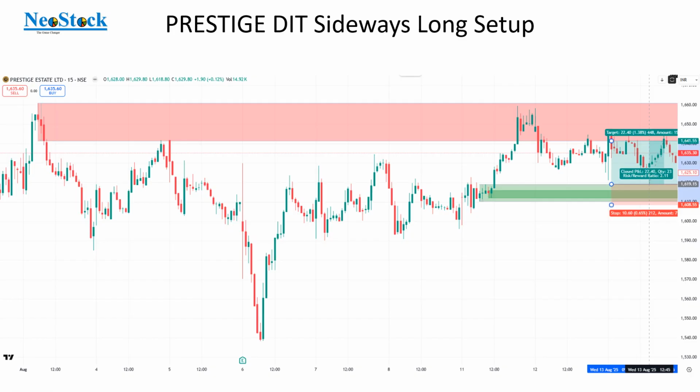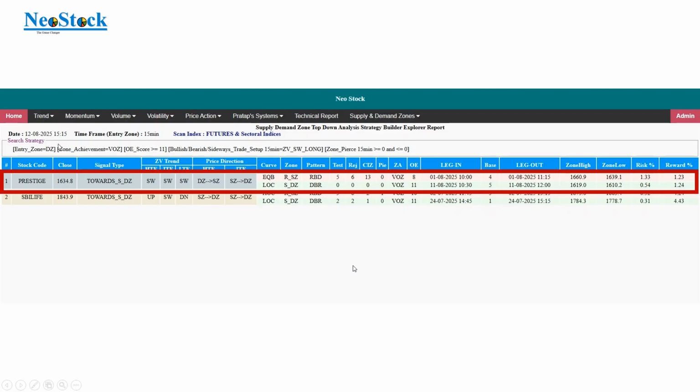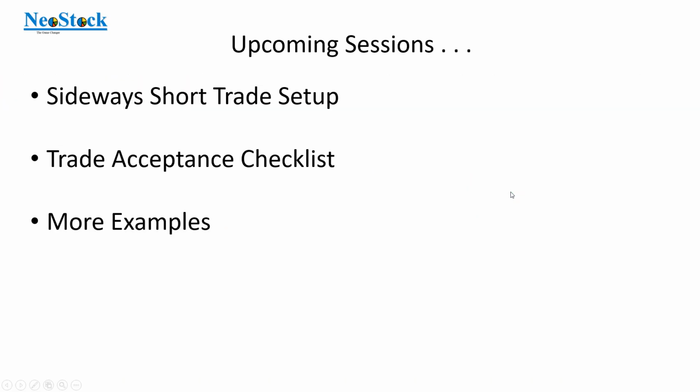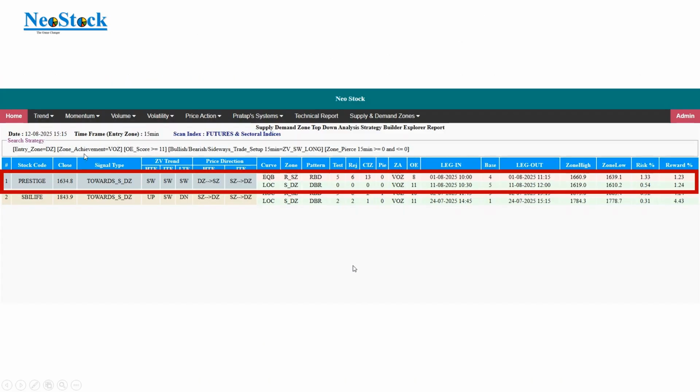But let us look into the power of this particular scenario. When our software identified this zone, this is on 12th August. 12th August our software identified.